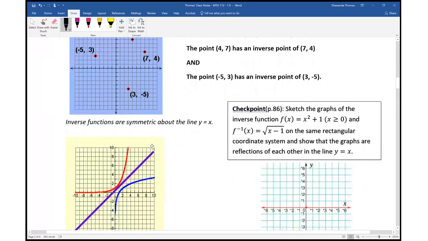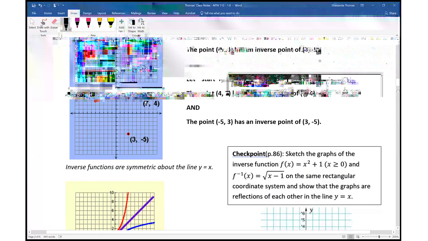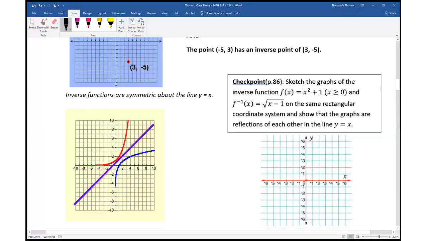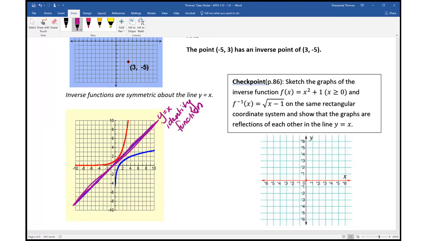Inverse functions are symmetric about the line y equals x. So this is the line y equals x right here. Remember, that is called the identity function. If you recall your parent functions, those were one of the functions I asked you to memorize.